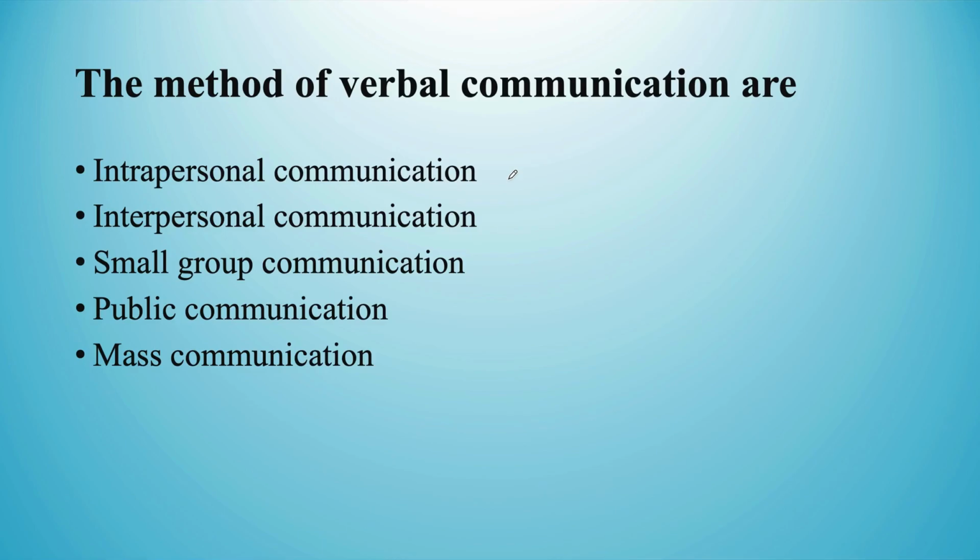This type of communication takes place when a person talks to themselves. Here communication takes place within the brain of the person. People usually interact with themselves on many occasions when they are not clear about their ideas, or when they are tackling emotions, or when they are daydreaming. There are times when human beings speak to themselves, and this is called intrapersonal communication.